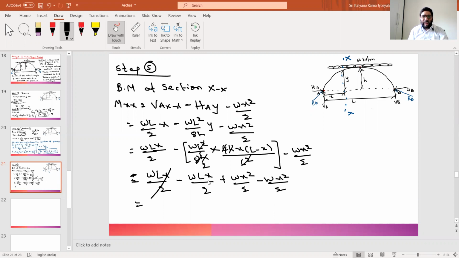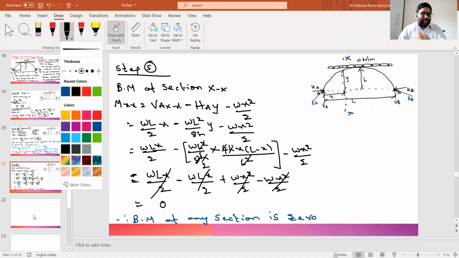So what will happen? All are getting cancelled here, isn't it? This becomes 0. This is one of the very important points in the analysis of an arch subjected to UDL. The bending moment at any section is equal to 0. This is one of the wonderful observations in the analysis of a three-hinged arch.